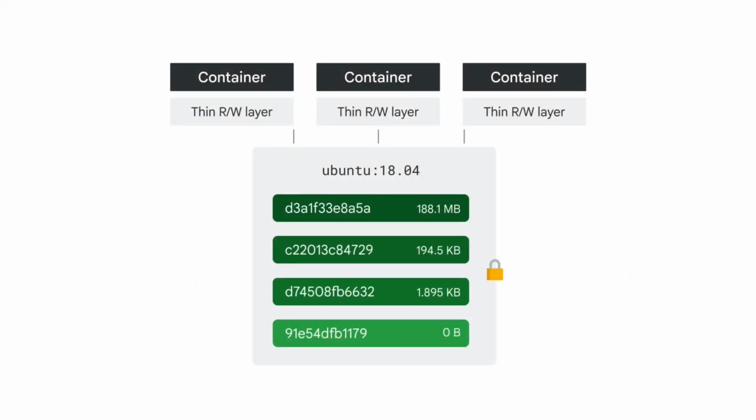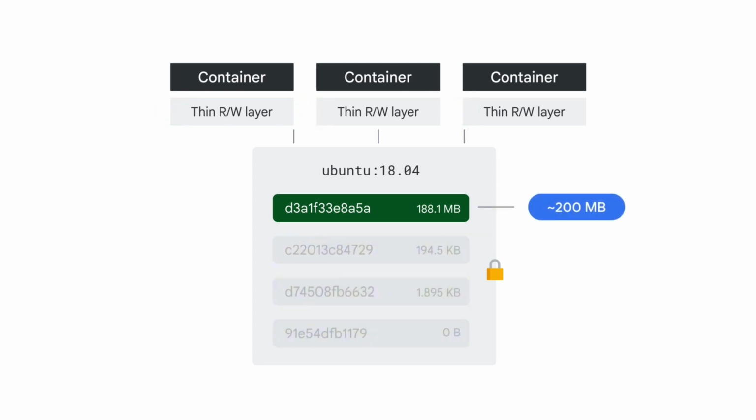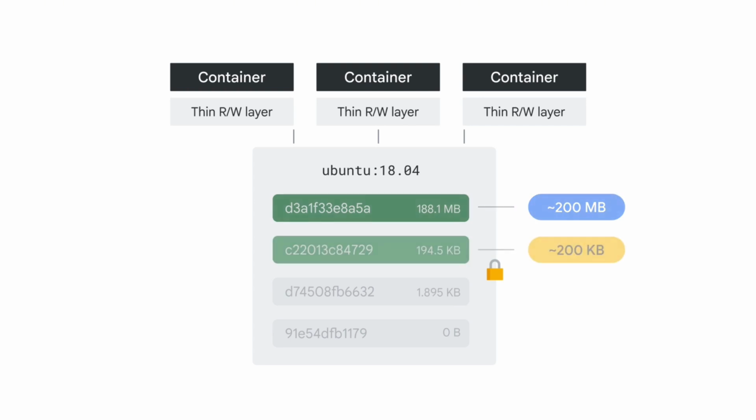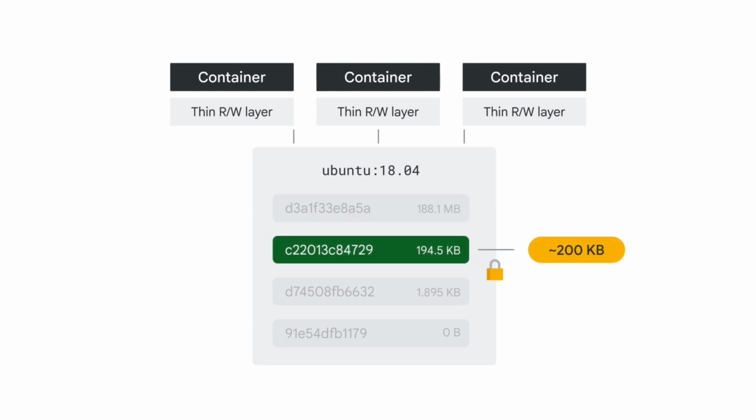Because each container has its own writable container layer, and all changes are stored in this layer, multiple containers can share access to the same underlying image, while still maintaining their own data state. This allows container images to get smaller with each layer. For example, a base application image might be 200 megabytes, but the difference to the next point release might only be 200 kilobytes.